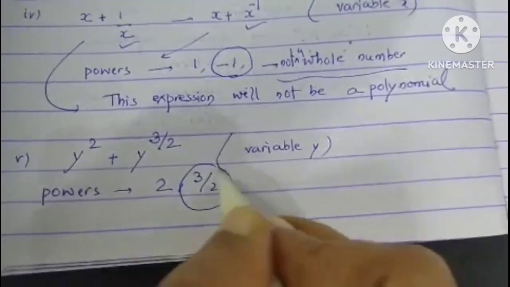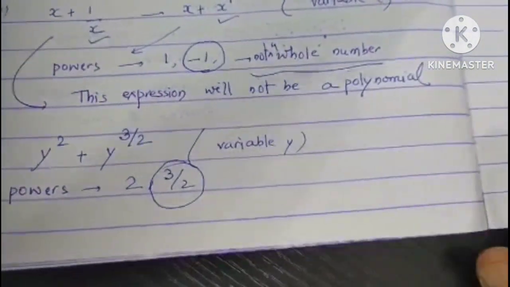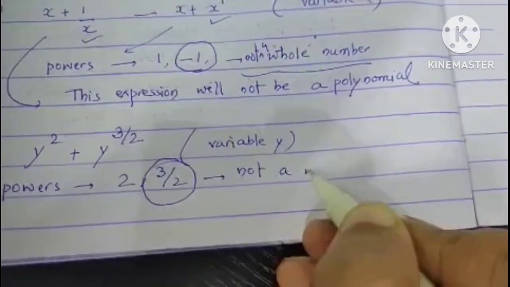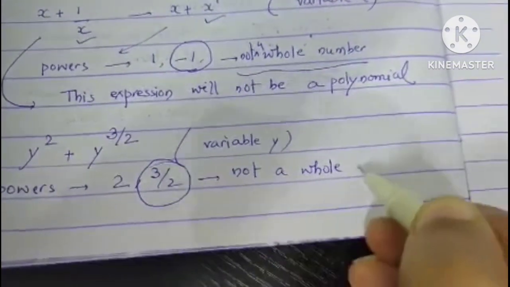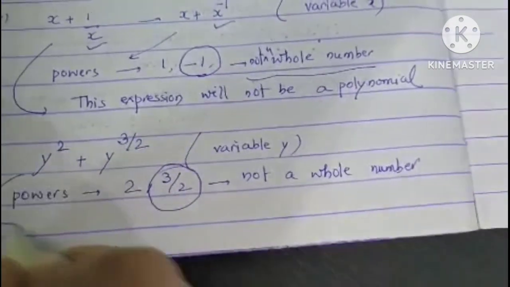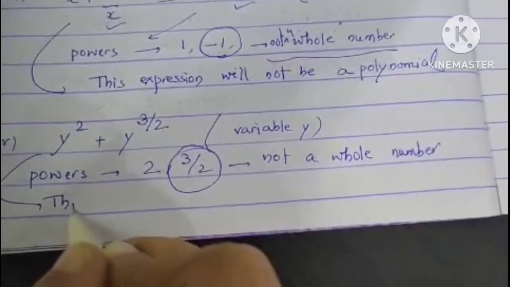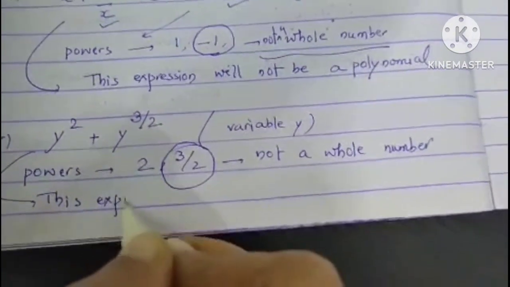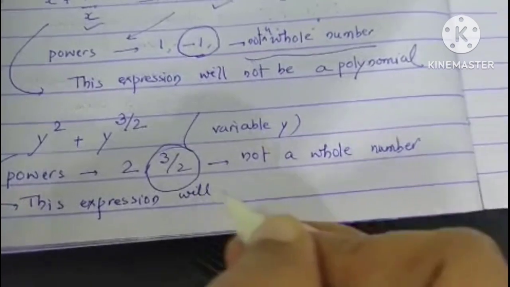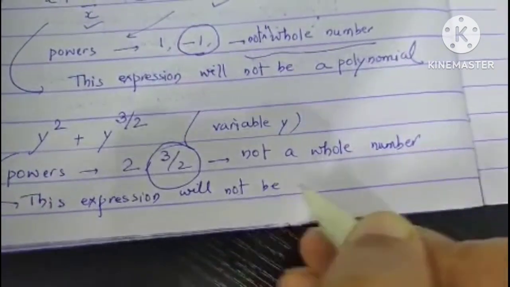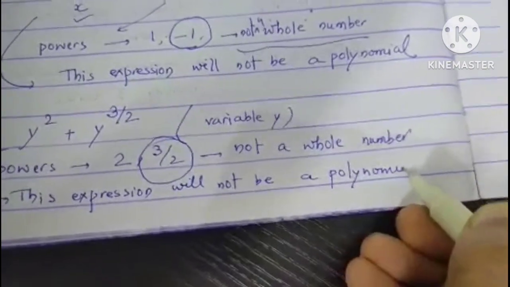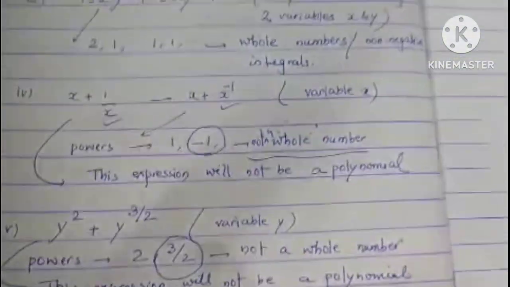So this 3 by 2 doesn't fulfill the criteria. It is not a whole number. So this expression will not be a polynomial. Okay. I think this is clear now.